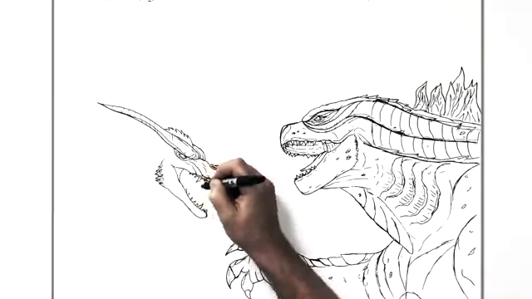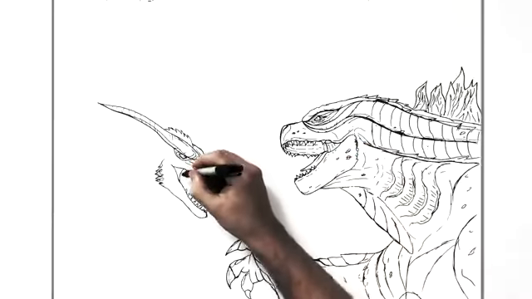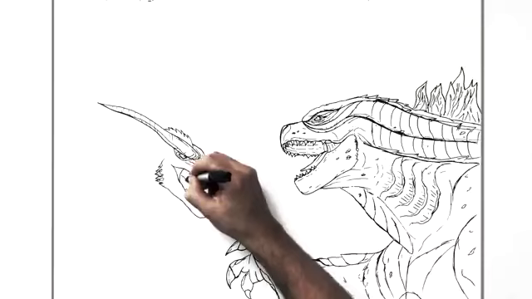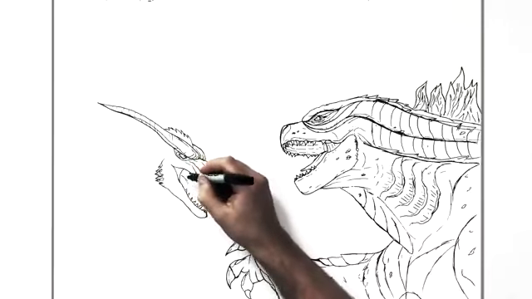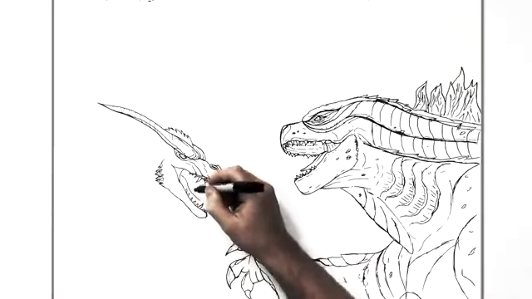And then his tongue, much like Godzilla's here, comes out from the back of his throat, so it's much longer than Godzilla's. It goes nearly all the way down to the front of his mouth.